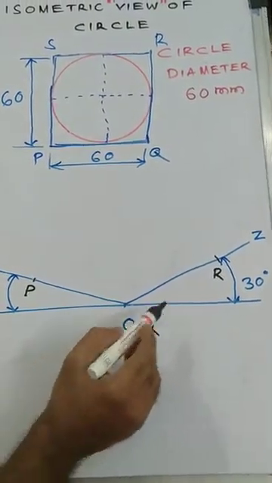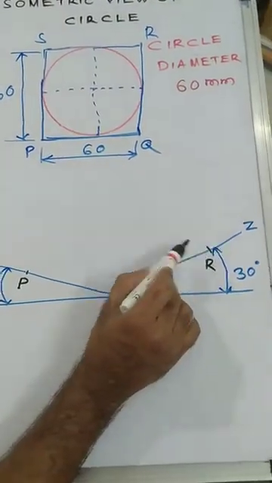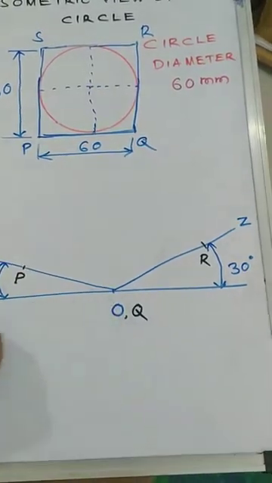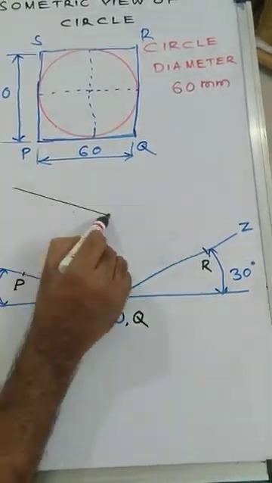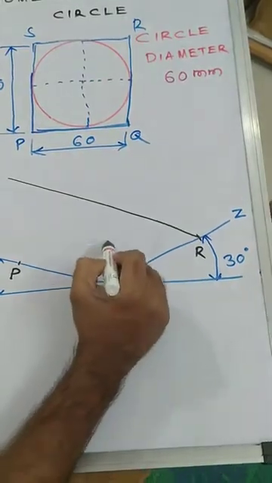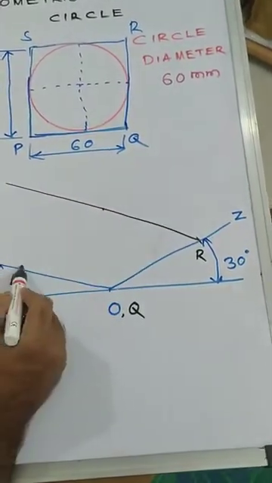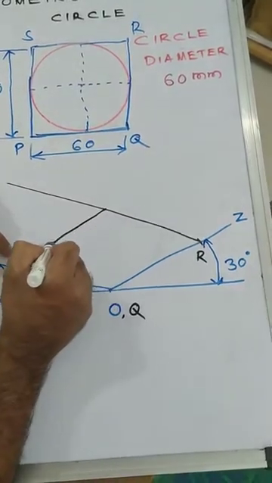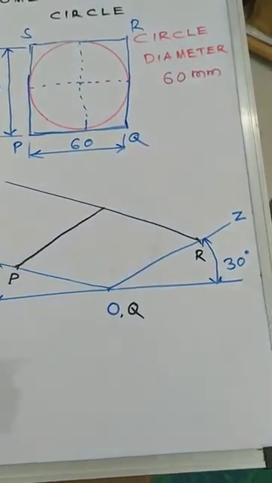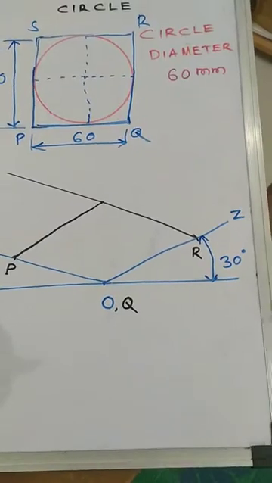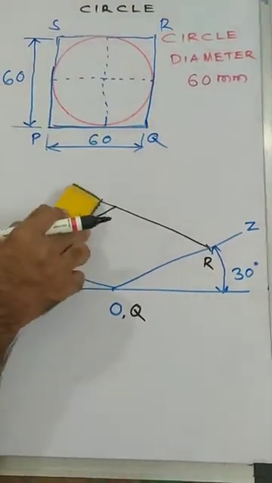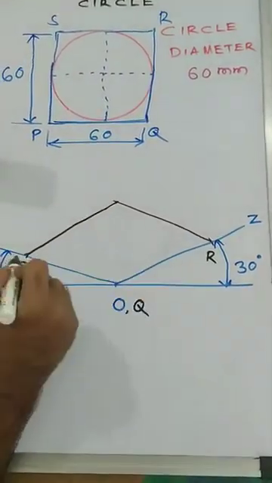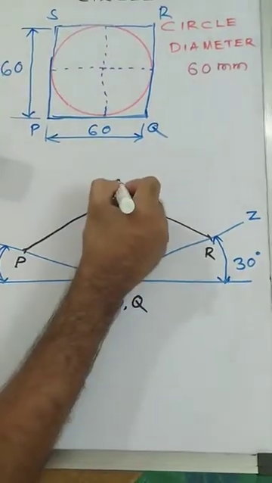Then passing through R point, draw a parallel line to OX. Passing through P point, draw a parallel line to OZ. Now we got a rhombus PQRS.